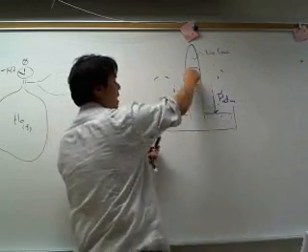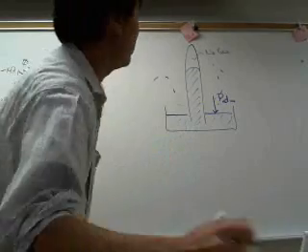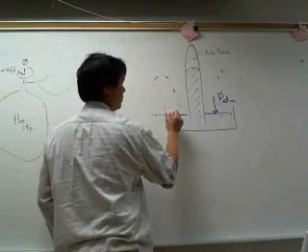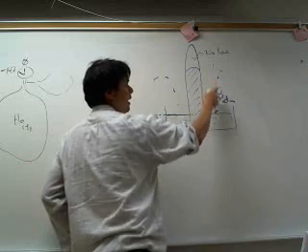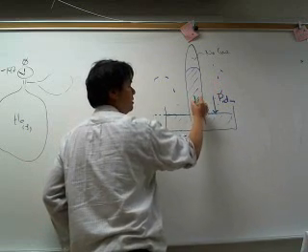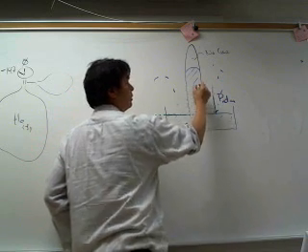When this stops rising, we'll take a look at the level here and say this: the weight of the air will be equivalent to the weight of the liquid mercury.